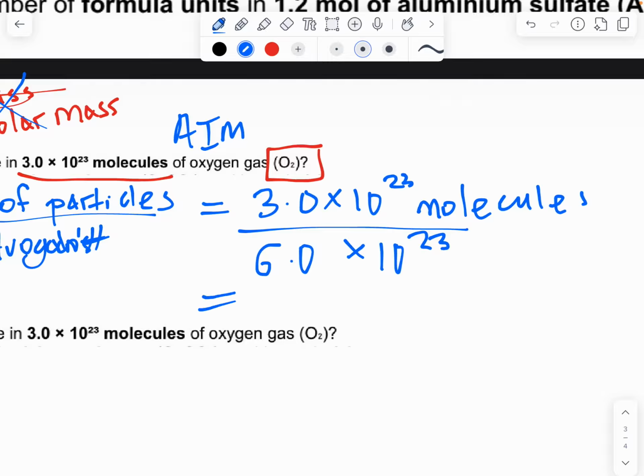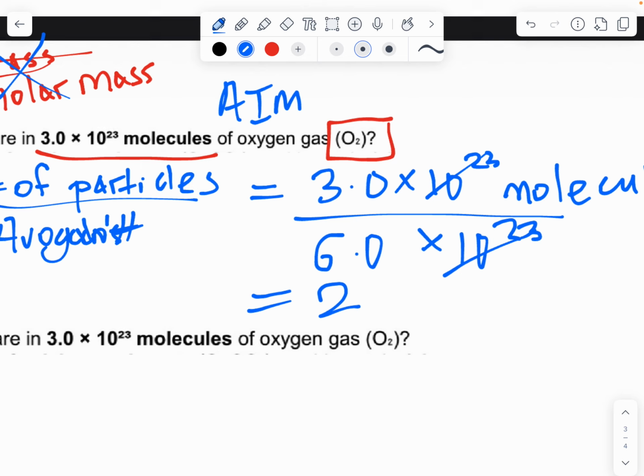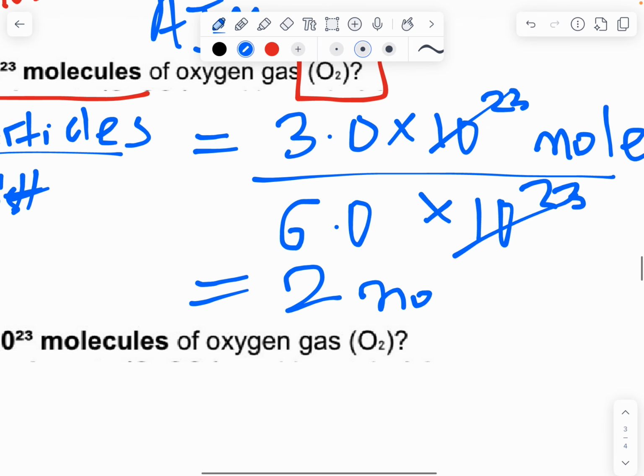This is very easy to work because our powers will cancel out each other. Both 10 to the 23rd will cancel out, and so we're left with 3 divided by 6, which is equal to 0.5. Since we're solving for mole, the unit will be mol.